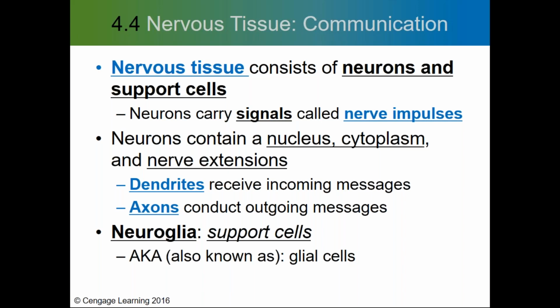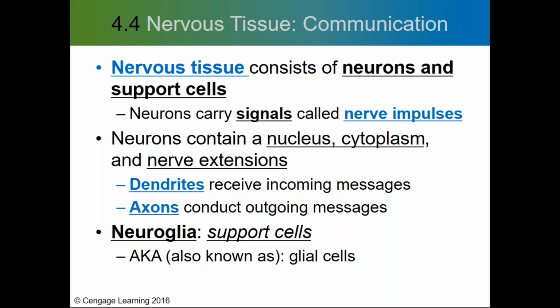Or if you have damage below the shoulder area, it can affect your ability to move your lower extremities and walk. So we realize that neurons, these nerve cells, are different than other cells of the body in that they're not being renewed like other tissue such as epithelial tissue or connective tissue.